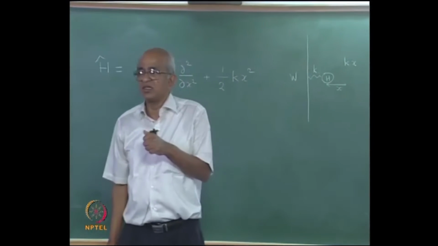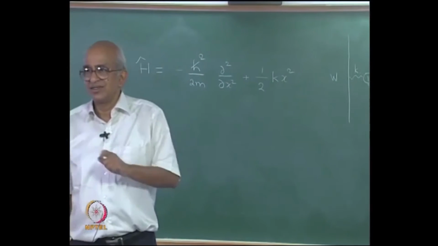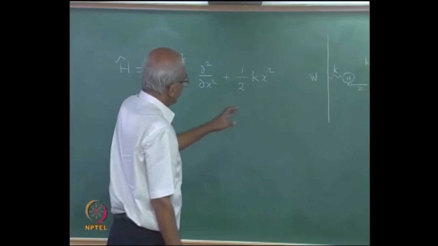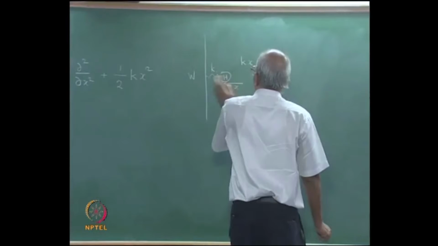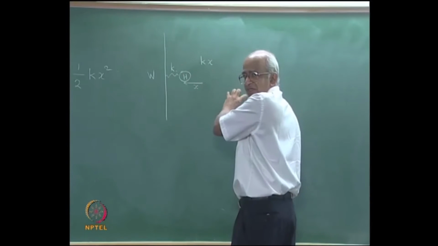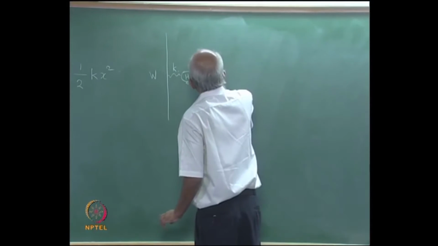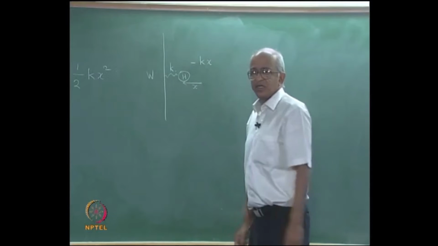That is the meaning of saying that the force constant is k. Because it is in the direction opposite to the direction in which x is increasing, we say that the force is actually minus kx.